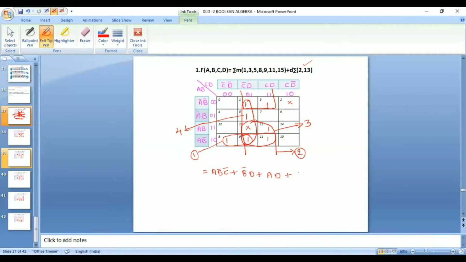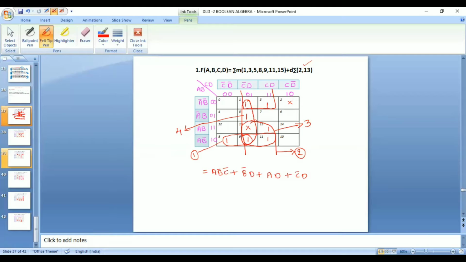Coming to the fourth one: 1, 5, 13, and 9. Horizontally the AB term is varying, but vertically the terms are C bar and D. Coming to the don't care conditions, this don't care condition we already used. Then what about the second? The second don't care condition, if you want, one possibility is we can make a pair with the 3 minterm.